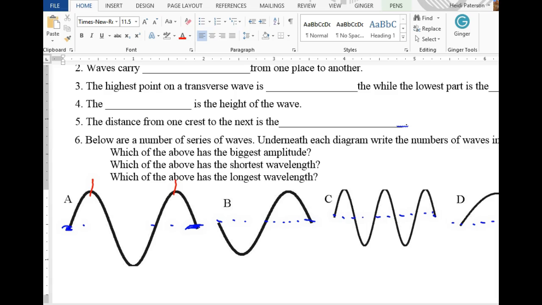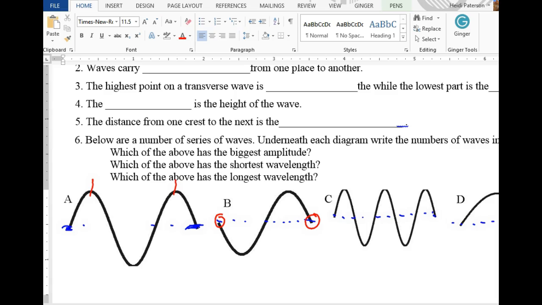What do you do if you have only one crest and one trough? Measure from the middle of each rest point. Middle of the wave there to here. So from here to there will give you one wave, because that's the start and the finishing place.